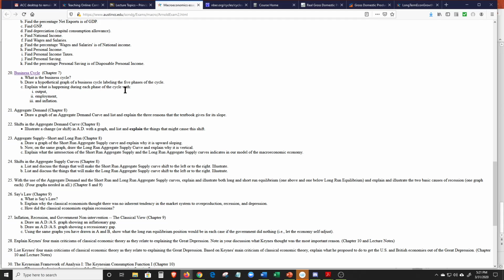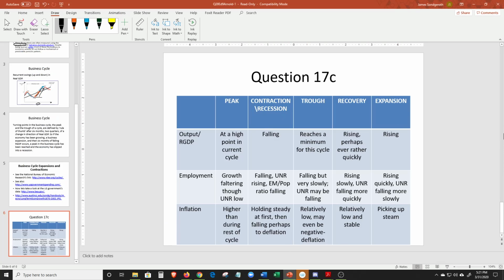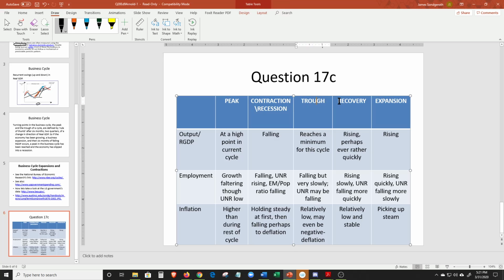And so I went ahead and just did this with the way the author of our textbook broke down the business cycle. So let's go back and take a look. I just did this little table or matrix, and I broke the business cycle into peak, contraction, recession, trough, recovery, and expansion.